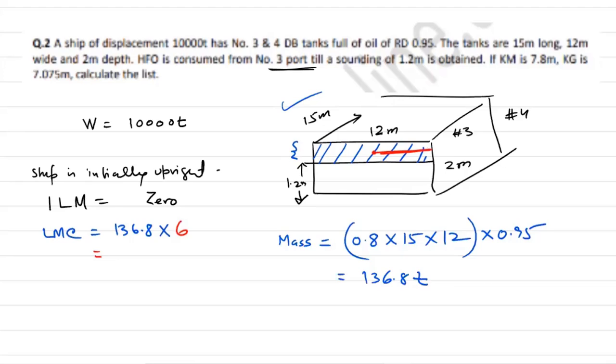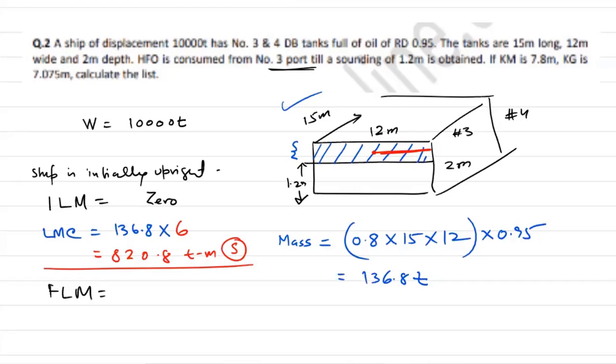So how much? 0.8 ton meter towards what? Towards port. Come on, you must be joking. You are discharging from port. Okay, towards starboard.